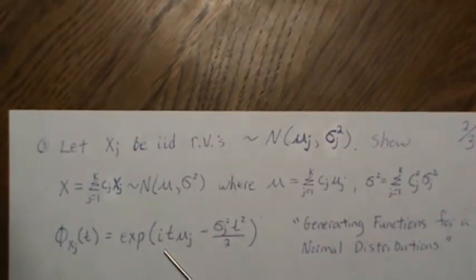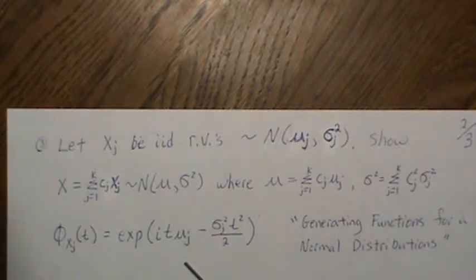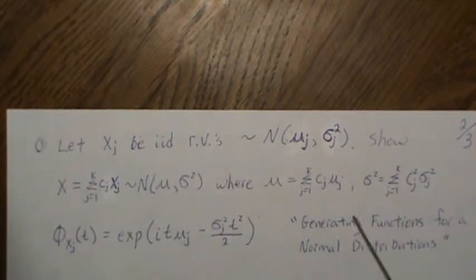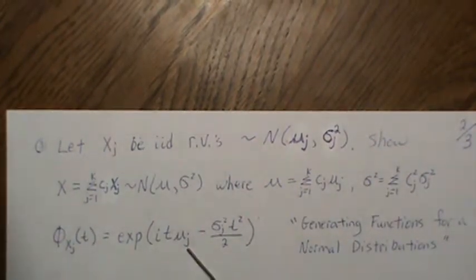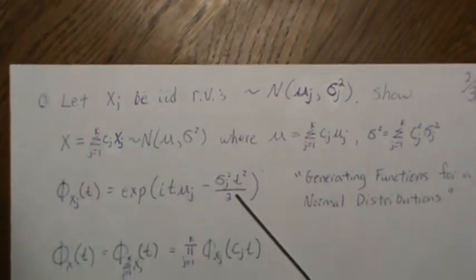Well, the moment generating function, or the characteristic function, for a normal distribution is this. Again, I'm going to refer to this video to derive that. Now we need to show that this linear combination is of this form.